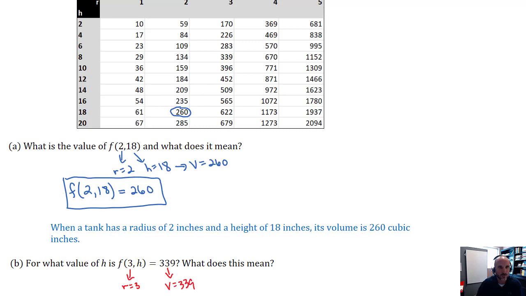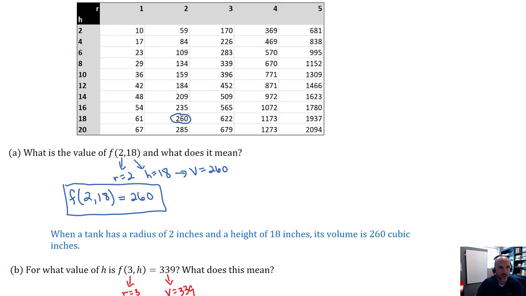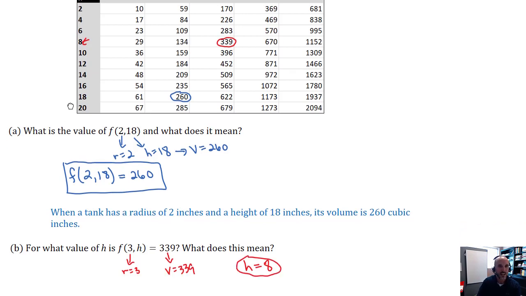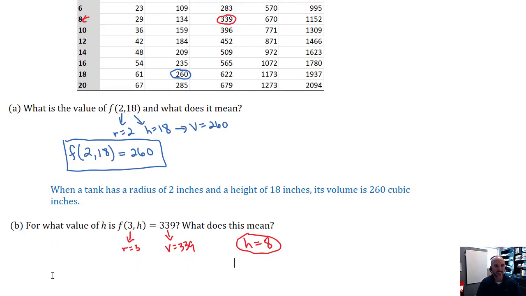So in our radius of 3 column, we're looking for a volume of 339. And the question is, for what value of h is that the volume? And the answer is 8. Okay, so we know that h equals 8. So that's the answer to the first part of the question. And the second part of the question is, what does that mean?